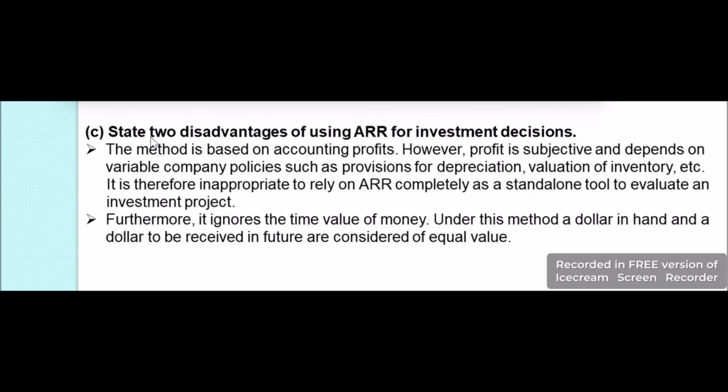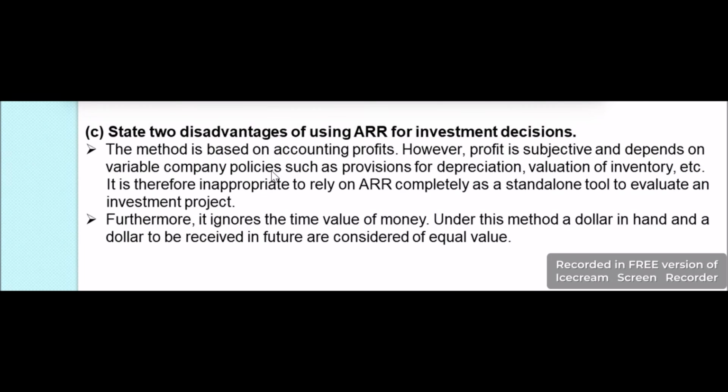In the C bit of the question, we are asked to state two disadvantages of ARR for investment decision. You see, in ARR, we calculate the return based on profit, and profit is subjective in nature because this profit depends on the company policy. One company policy may be that they will calculate the depreciation on straight line method, and the other company may calculate the depreciation on the basis of reducing balance method.